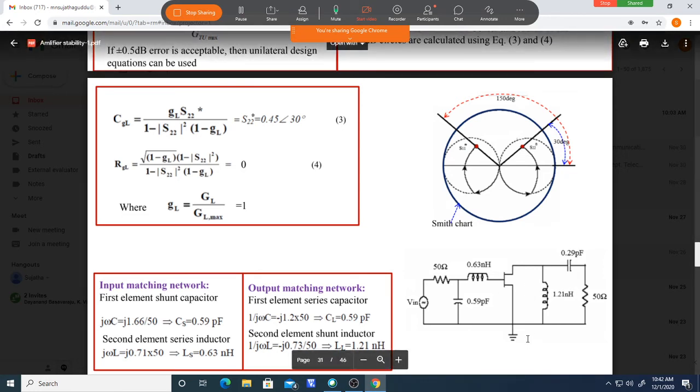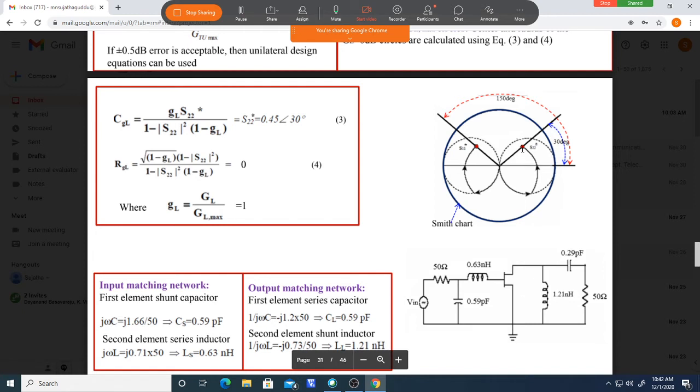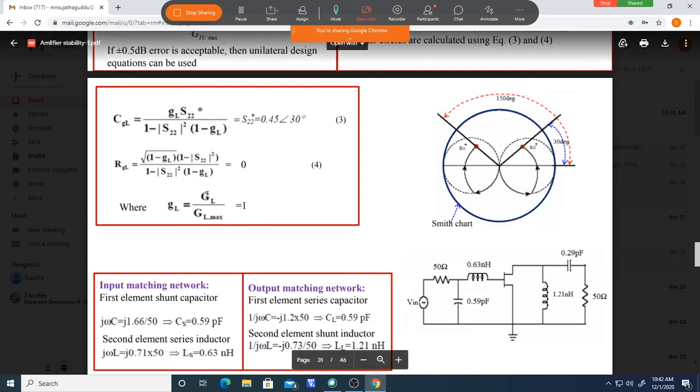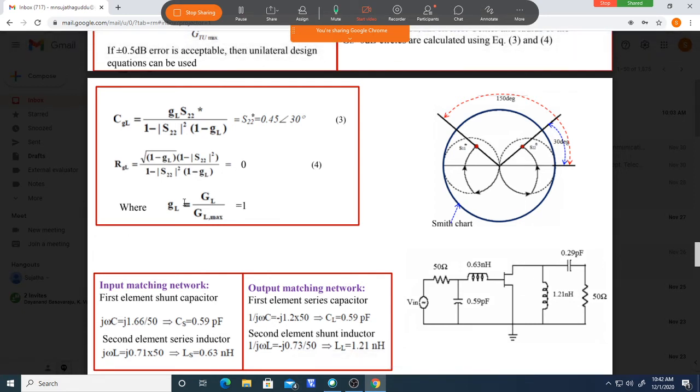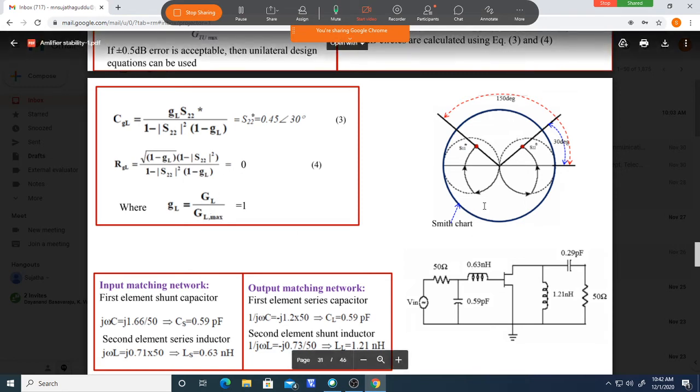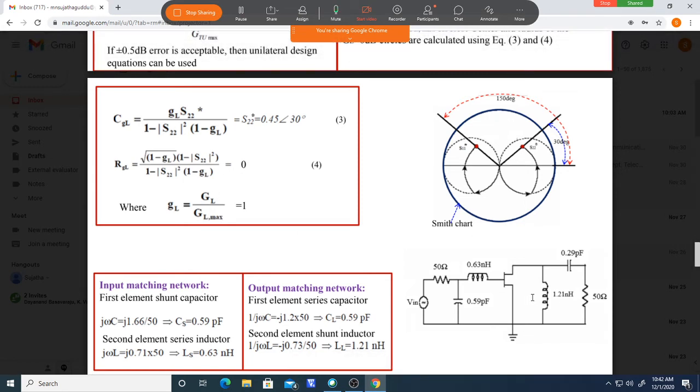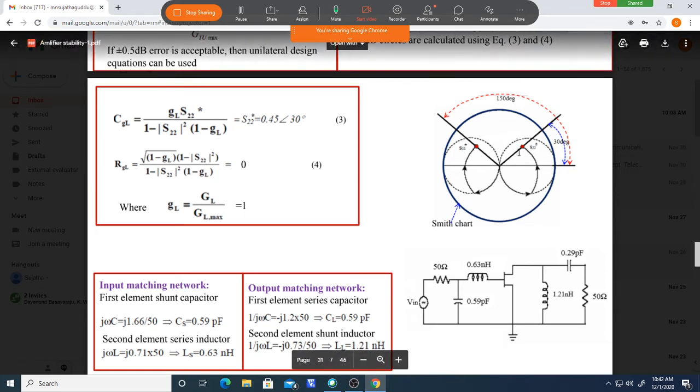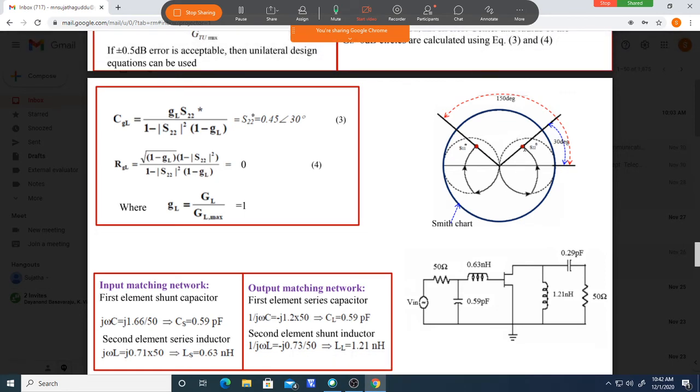Okay, so here ZL must be equal to this value. Whatever you set here, ZL must be equal to this, to get GL equal to GL maximum. Because we are designing for maximum gain, the required GL must be equal to this value. To get this GL, the impedance looking in this direction must be equal to this value.